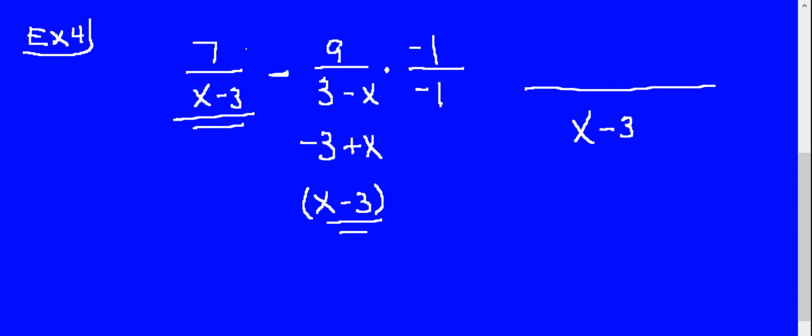And let's take care of the top part, the numerator. I'm working over here in my space. I'm just going to bring the 7 over, and then notice what I've got. -9 times -1 is +9.